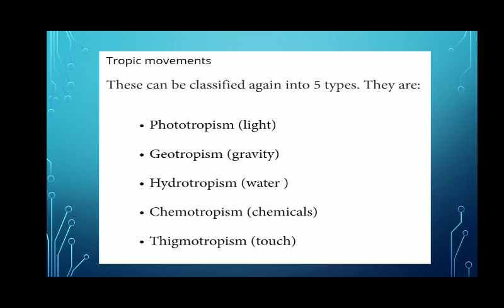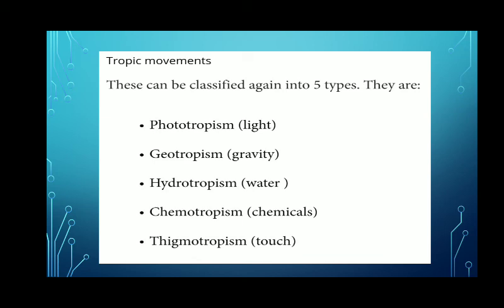Thus we can say tropism is a directional movement of a part of a plant that's caused by its growth. If growth of a plant is towards the stimulus, then it is positive tropism, and if growth of a plant is away from the stimulus, then it is negative tropism.